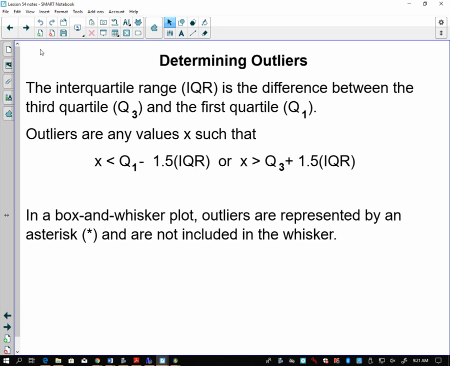In a box and whisker plot, outliers are represented by an asterisk and are not included in the whisker. So we won't necessarily include outliers.